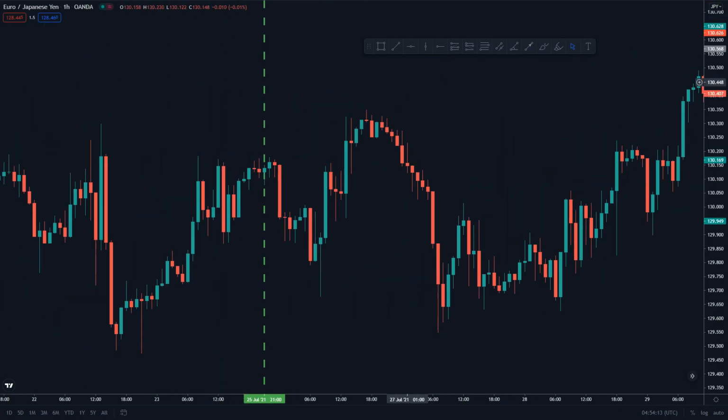And what do we see? We see this high the market gave us right at the beginning, and this low, and this low was broken. We have 3 candles going up, so that's a beautiful retracement for us.